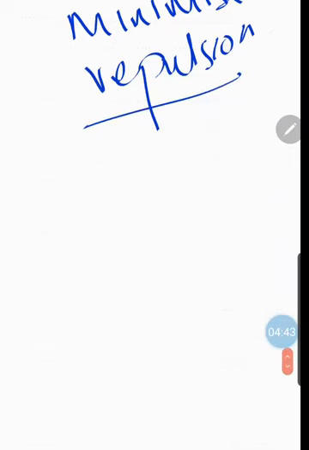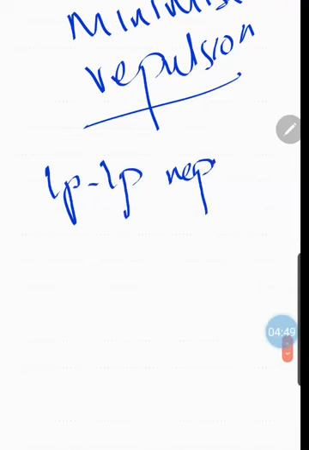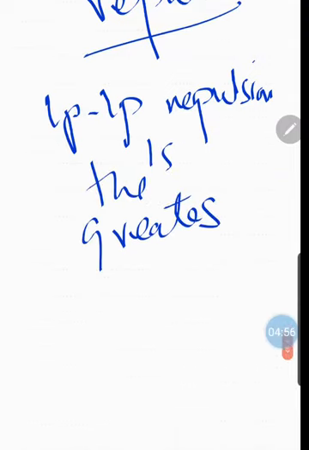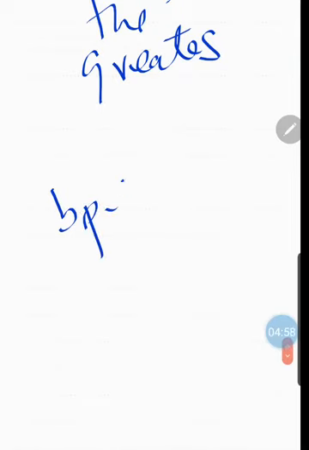That's the basic theory. And we will say lone pair to lone pair repulsion is the greatest. Bonding pair to bonding pair repulsion is least.